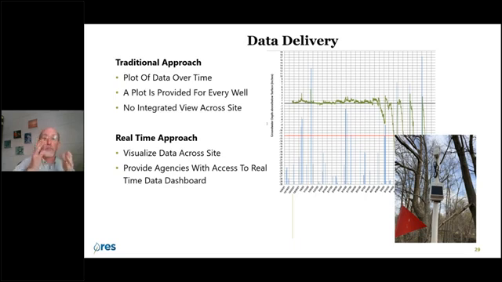But multiple plots of wells across the site don't really provide you that visualization of the data in two dimensions across the site. And so here's an opportunity to take time and effort that is originally allocated for collecting data in the field and explore new ways of visualizing the data.